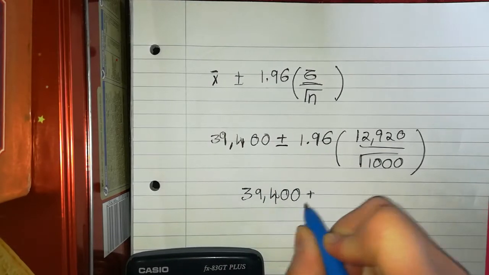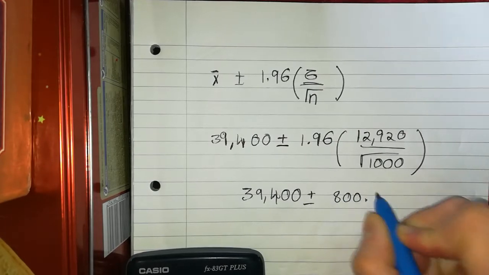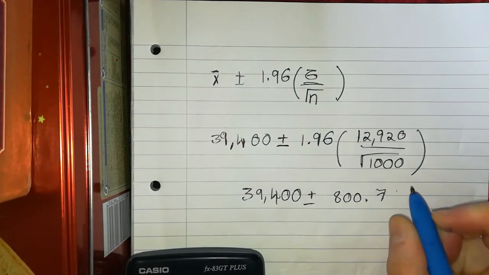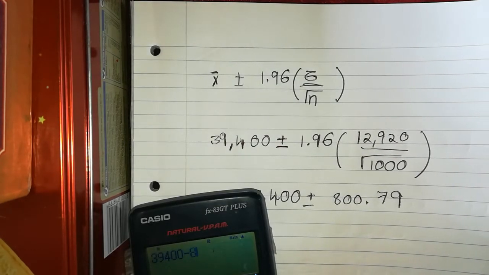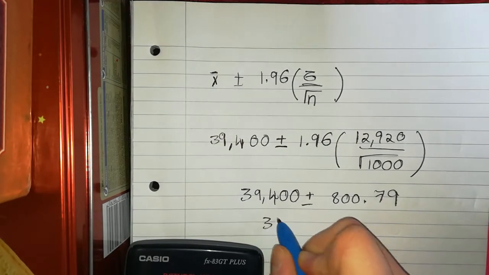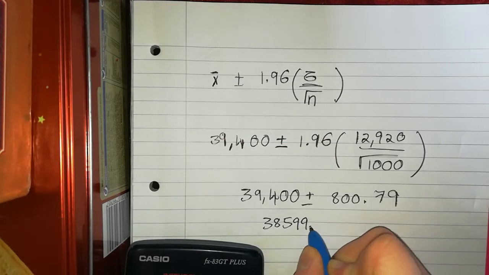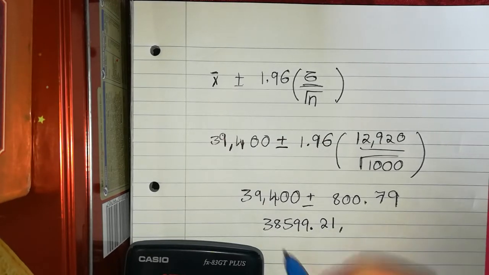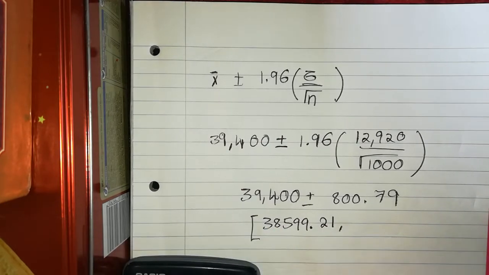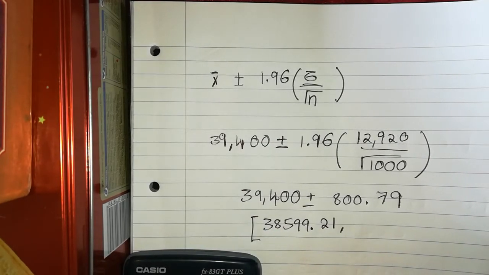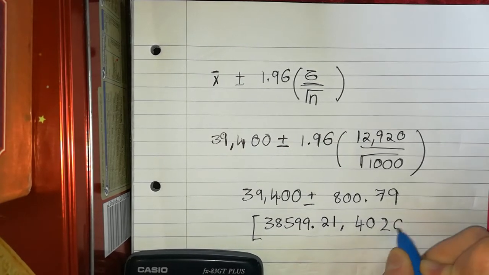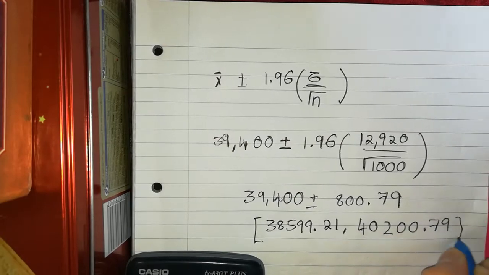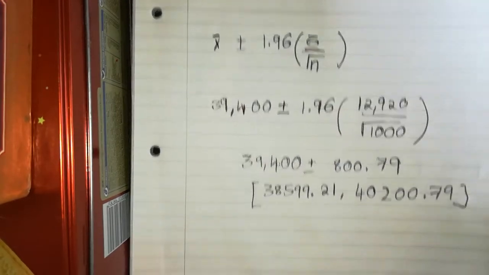That gives me 39,400 plus or minus 800.79. So 39,400 minus 800.79 gives 38,599.21, which is my lower limit. Adding 800.79 gives 40,200.79.